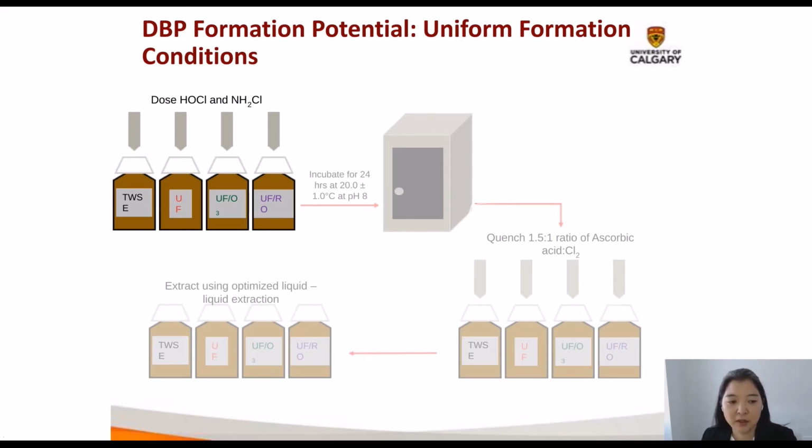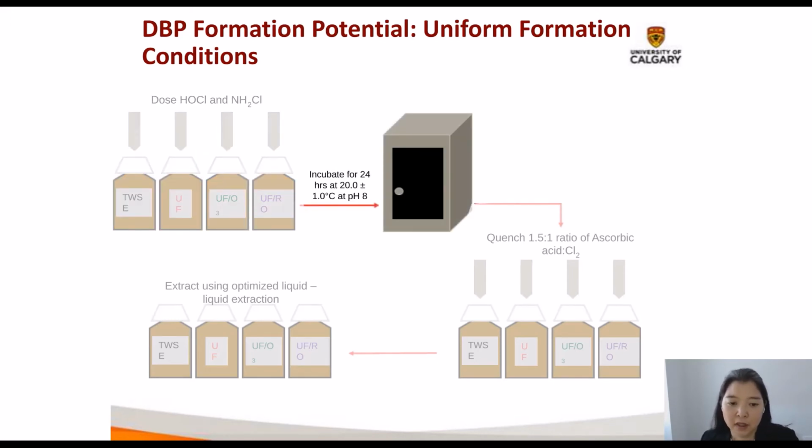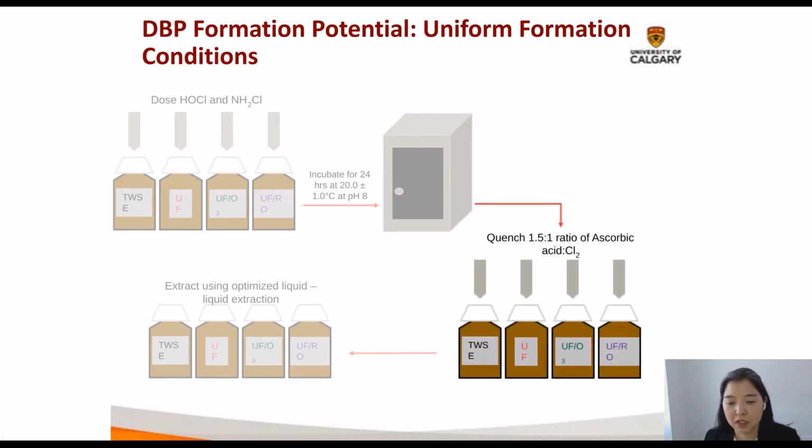And so we obtained samples from each treatment, and we dosed them with either chlorine or chloramines, in this case, monochloramine. So we dose them and incubate them for about 24 hours at 20 degrees Celsius at a pH of 8. After those 24 hours, we stopped the reaction of the chlorine disinfectant with ascorbic acid.